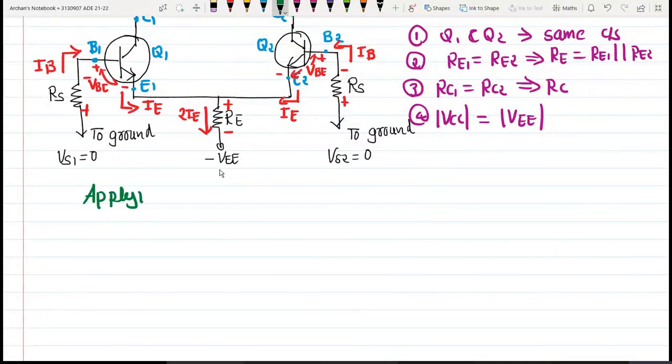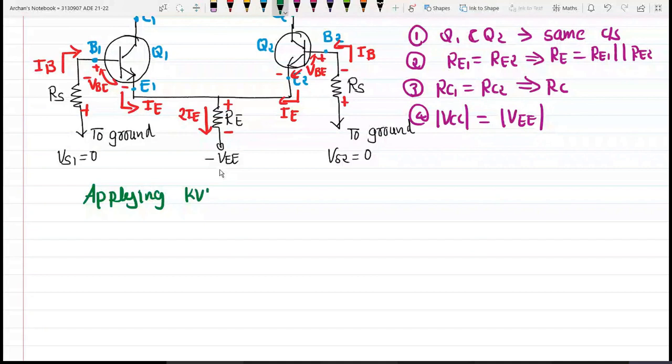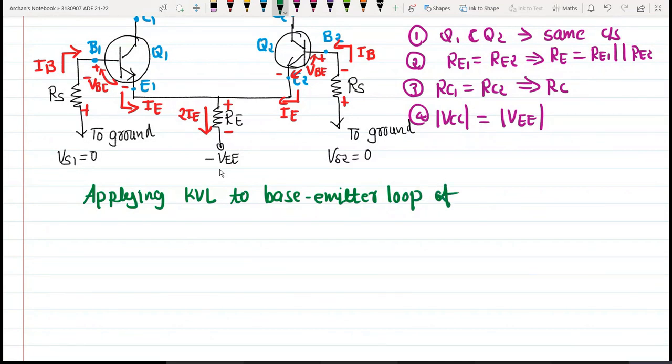Remember, whenever we have an electrical network and we want to find voltages and current, we apply Kirchhoff's law. To find unknown current, we apply KVL. To find unknown voltage, we apply KCL. So applying KVL to the base emitter loop of transistor Q1, this base current is flowing through RS in upward direction like this, so negative IB RS will appear.